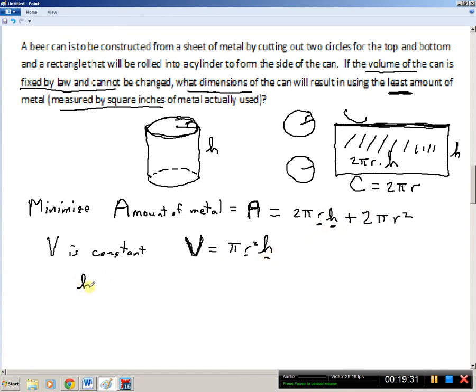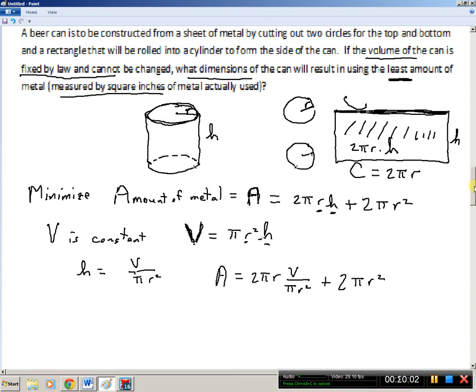So h is equal to V divided by pi r squared, and I'll put that back up in here. So that tells me that A is equal to 2 pi r times this, V over pi r squared, plus the second part, 2 pi r squared. If I did that right.